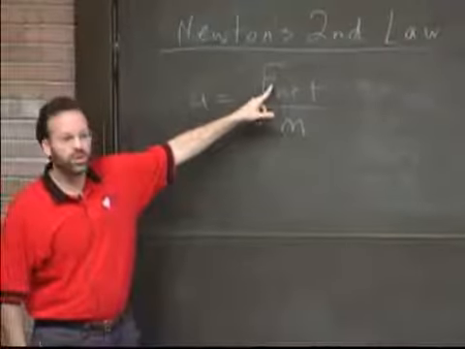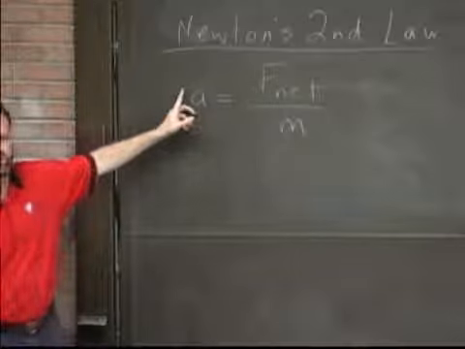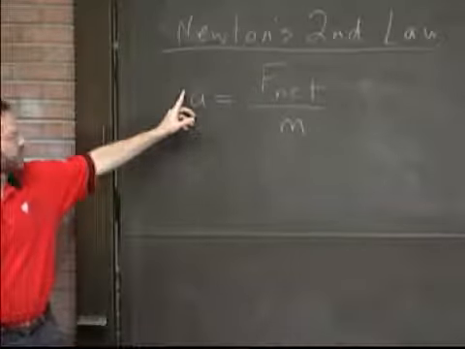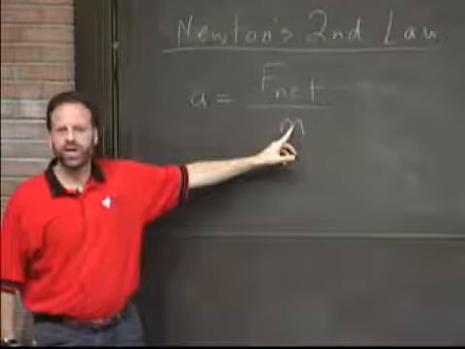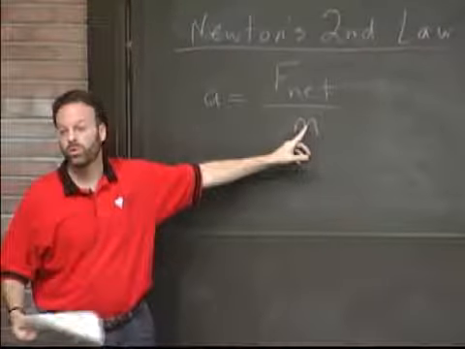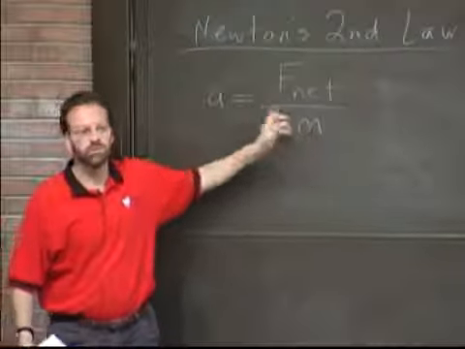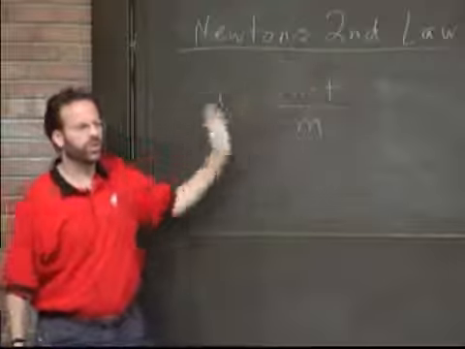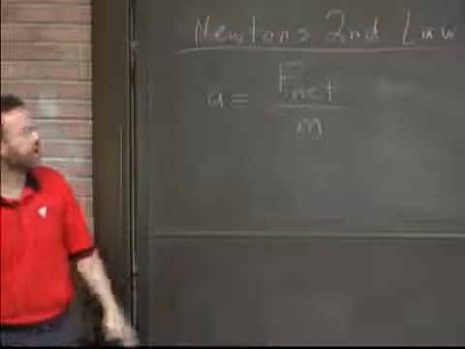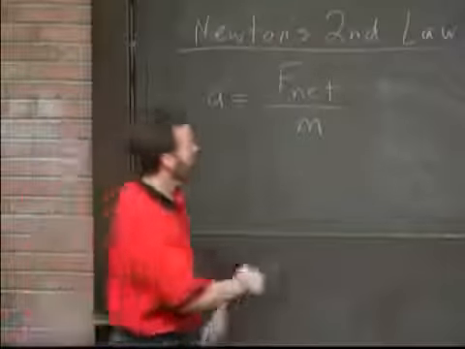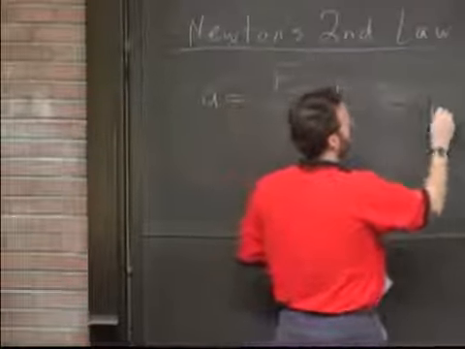The more you push on something or pull on it, the greater you'll change its motion. The more inertia it has, the more it will resist that change. Put that together, and that's what Newton's second law reminds us of. So you can rearrange it algebraically.